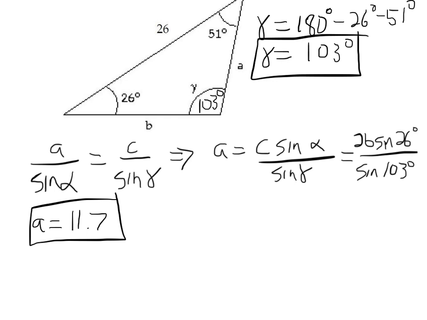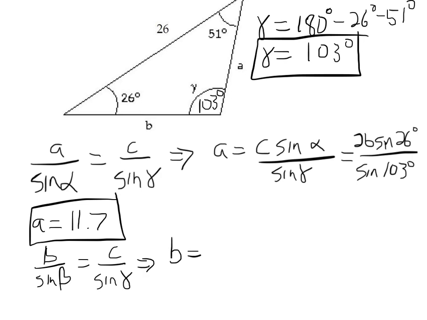Now we find B in the same basic approach. B over sine beta equals, and I'm going to go back to C and sine gamma because that's the opposite pair that I am sure about. This 11.7 is an approximation, but the 103 degrees for gamma is an exact answer. So we know C and gamma, so we'll use that so we don't have approximation errors.